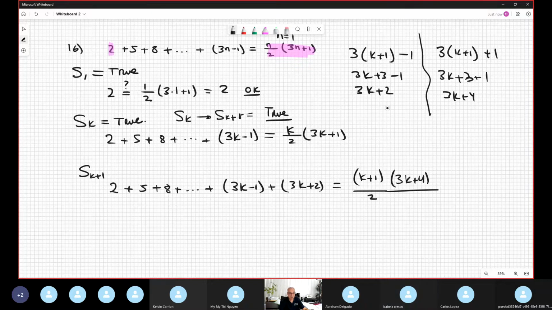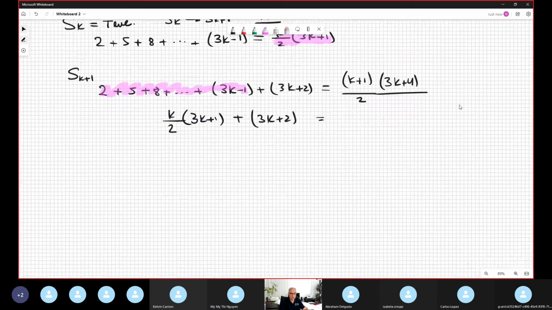Yes. Now I substitute this for this, because I assumed it's true. So now it's k over 2, 3k plus 1, plus 3k plus 2. If for a moment I don't touch this, after, it's necessary to touch.